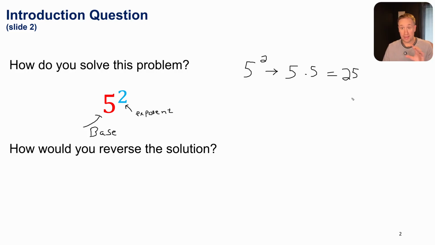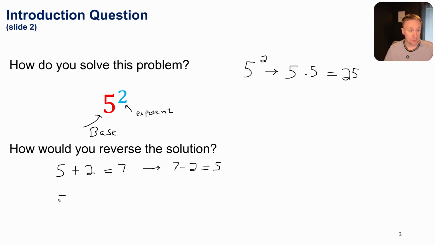Now, like every operation in math, there is something that reverses or undoes that operation. So if I think about addition, I would think about subtraction being what reverses it. So for example, if I was to add 5 plus 2 and I get to 7, I could reverse this by doing 7 minus 2 and I get to 5.